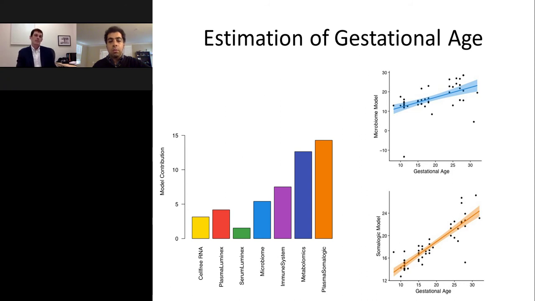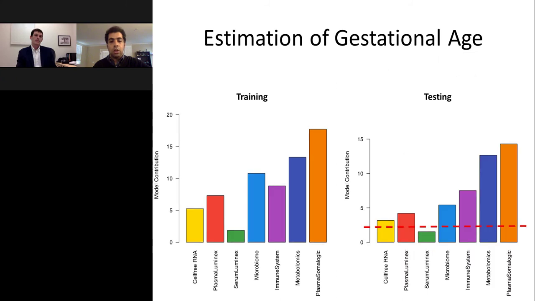You can see that some of these data sets are better correlated with gestational age than others. For example, on top, the microbiome data set doesn't move that much. We already knew that the microbiome is fairly stable throughout pregnancy. And on the bottom, the proteomics data set has a pretty good correlation with gestational age. We can look at that on our test set, and we will see that it generalizes fairly well to previously unseen samples.